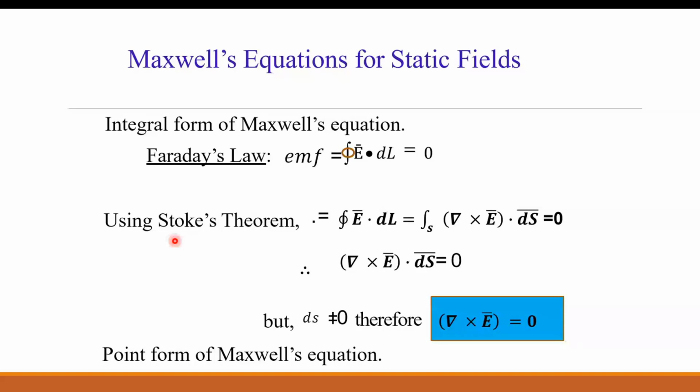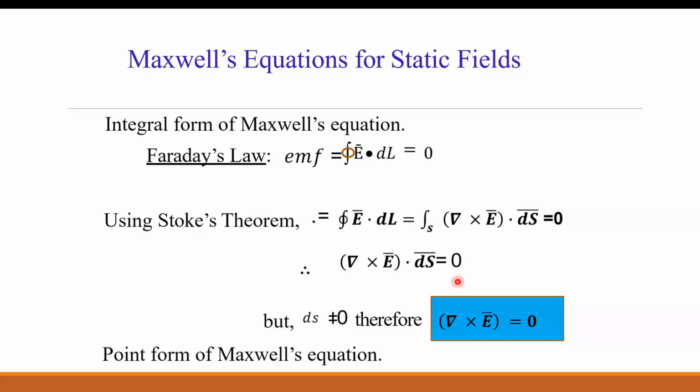So same we have used here. So closed integration of E bar dot dl bar is equal to surface integration of del cross E dot ds, and we already know that closed integration of E bar dot dl bar is equal to 0. Hence we can say that the second part, that is right hand side of this equation, is also 0. That is del cross E bar dot ds bar is also 0.